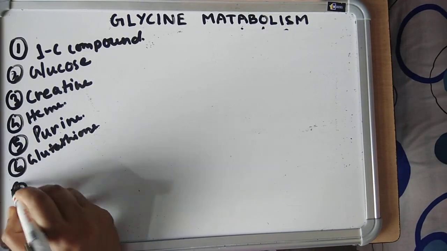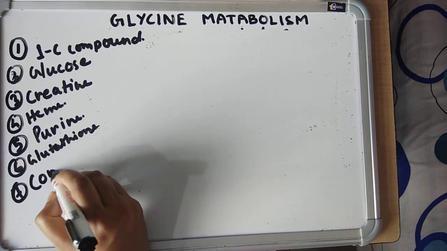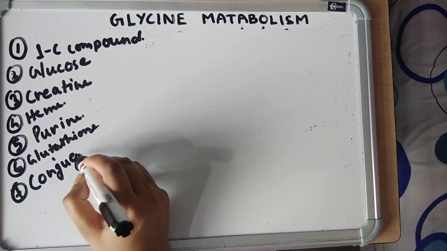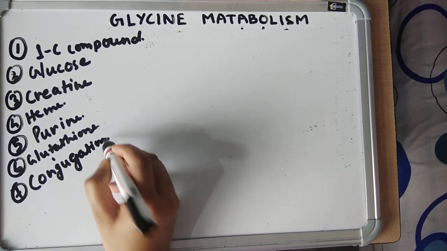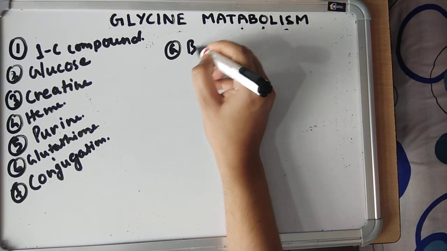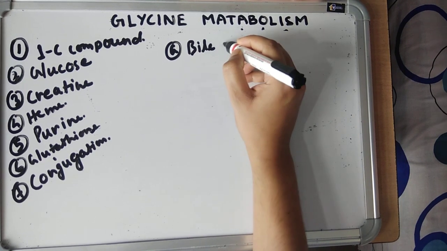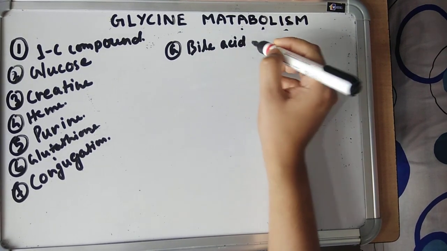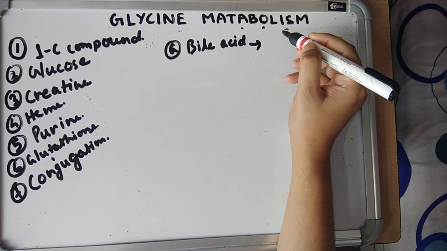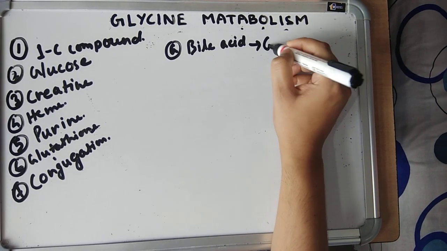Number 7 is conjugation. So glycine acts as a conjugating agent. It helps in the conjugation of bile acids. Glycine and cholic acid join to form glycocholic acid.